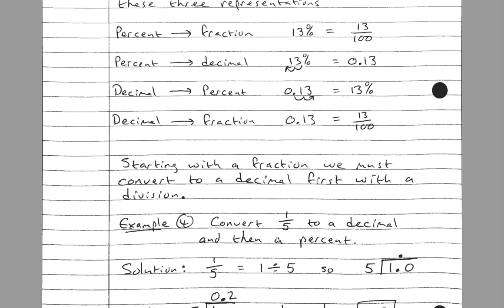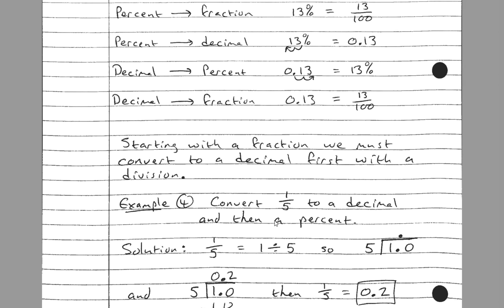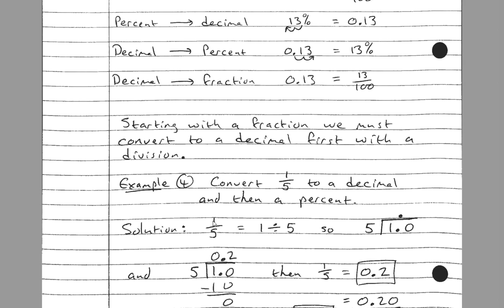First we'll look at converting a fraction to a decimal. The way to do that is just to do the division like we were doing in the previous sections. So 1/5 means 1 divided by 5.